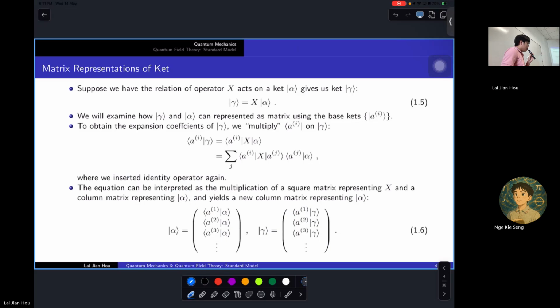And now we move on to the kets. Suppose we have an operator X acting on a ket, which will give us another ket. We want to ask how this can be represented in matrix form. Let's say we want to use this basis.